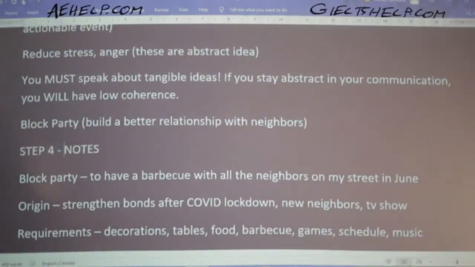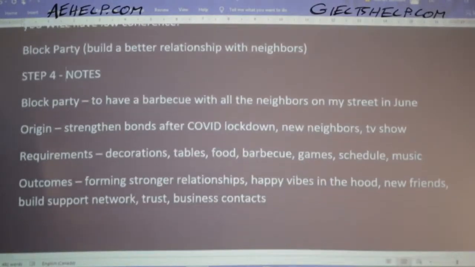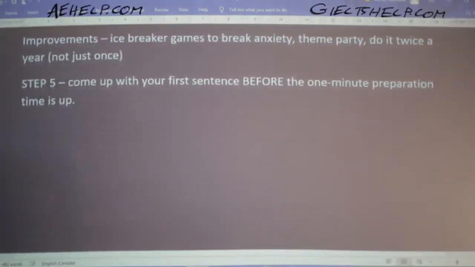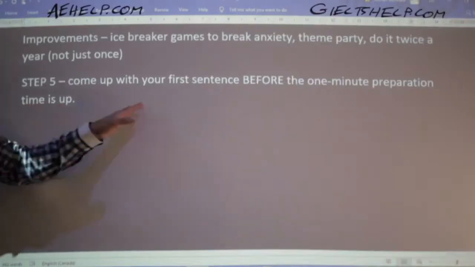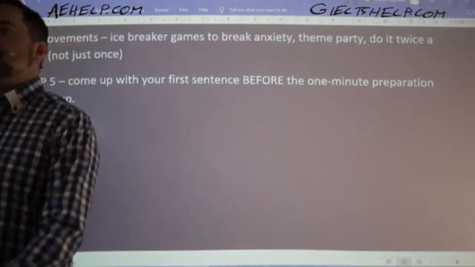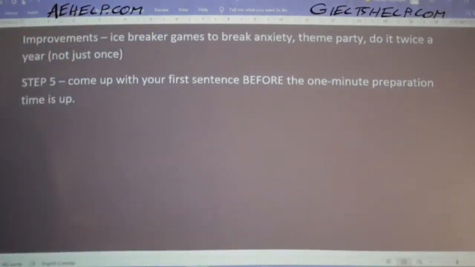Okay, Paulo, there. So that's step 4, the notes, the usable notes. Okay, and step 5 is to come up with your first sentence before the 1 minute preparation time is up. Okay, all right. So I'm going to do that. I'm going to come up with my first sentence here.